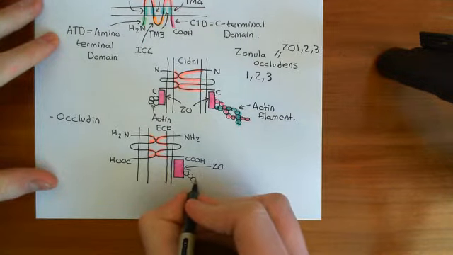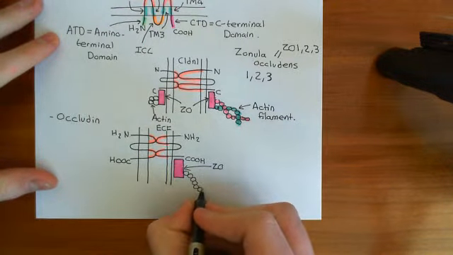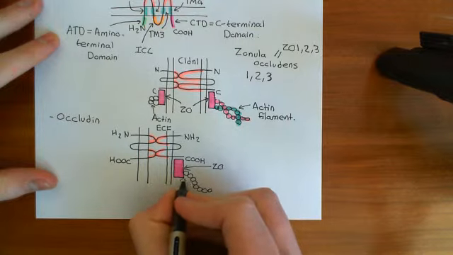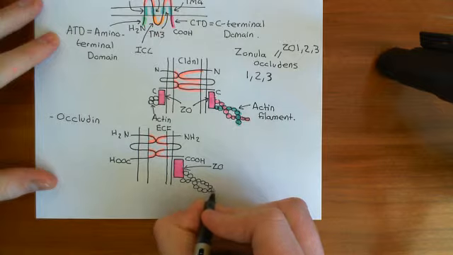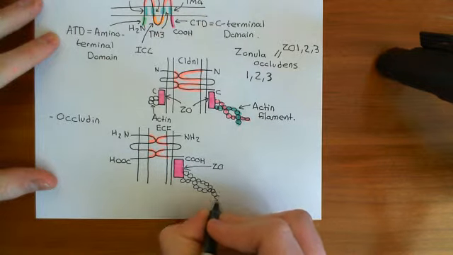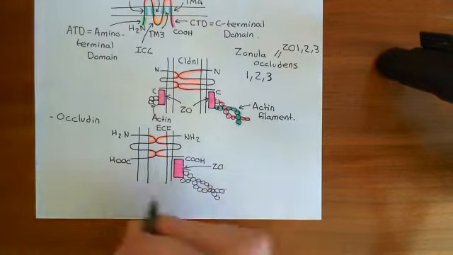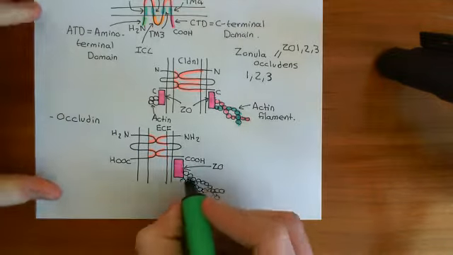Remember, actin filaments are 2 actin polymers intertwined together in a right-handed alpha helical fashion, like so. We'll colour this one in a different colour.